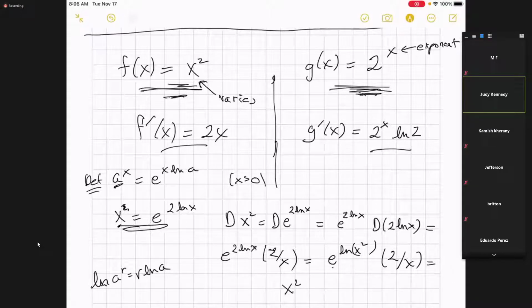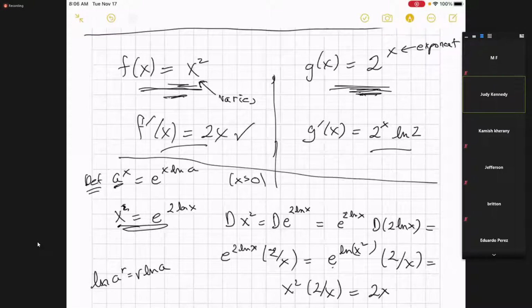And we have x squared times 2 over x, which is 2x. So that agrees with what we did before. And that's the derivative of x squared.